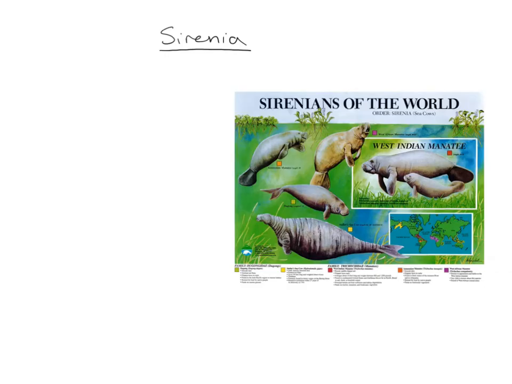All right, Sirenians. These guys are really interesting, I think. There's not a lot of them, so we only have 4 living species and 1 extinct species.